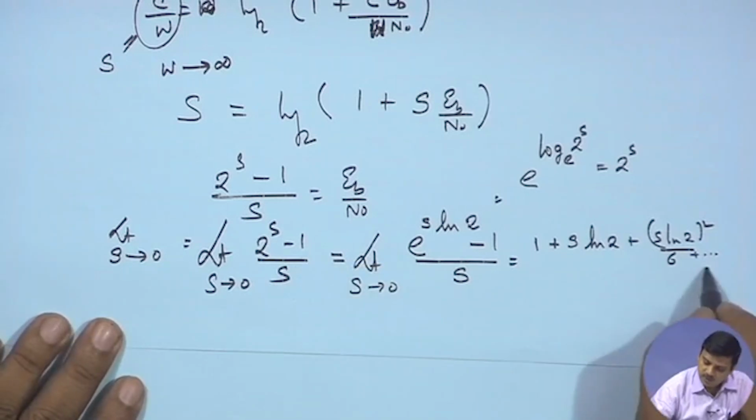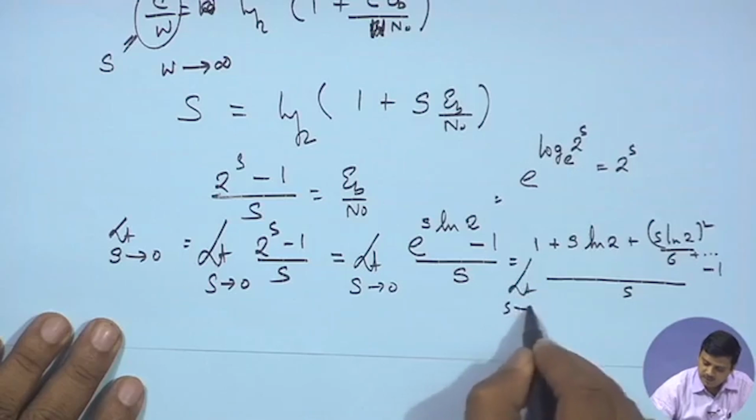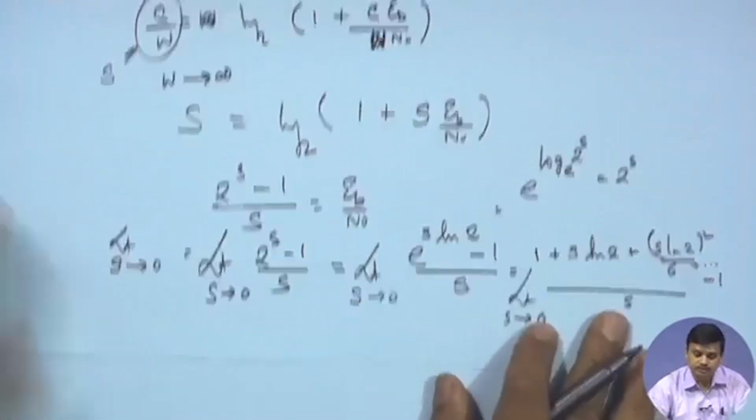There is a minus 1 term. So, we have a minus 1 upon S, and of course, limit S tends to 0.